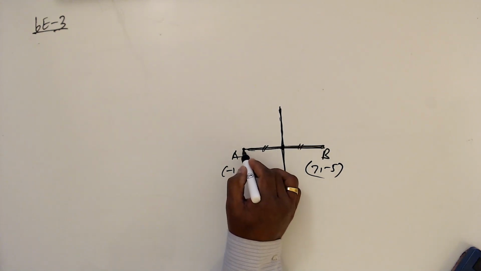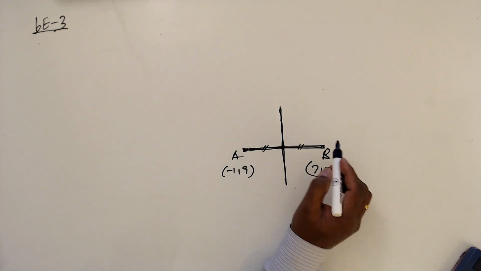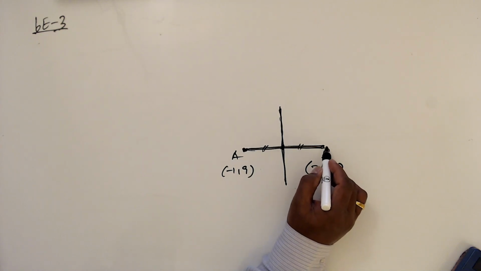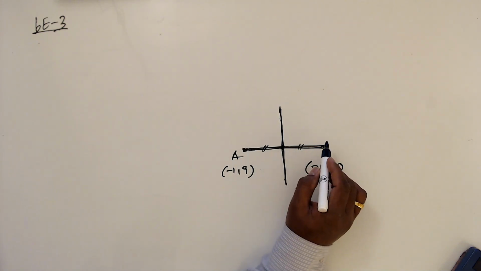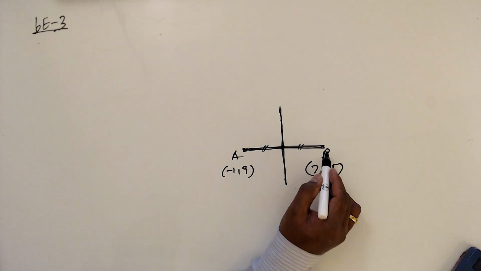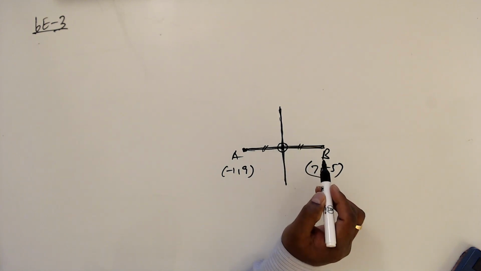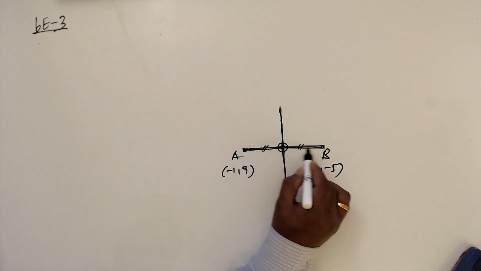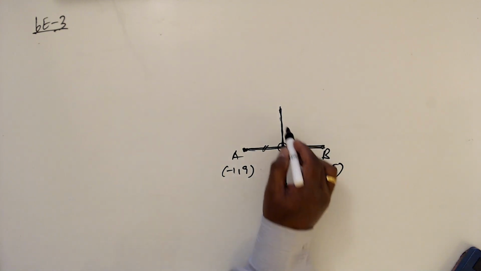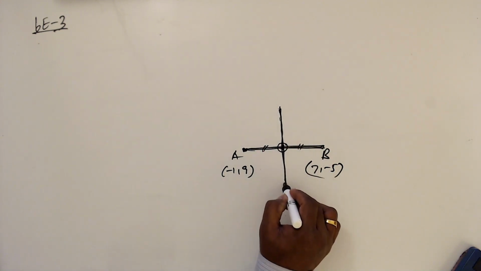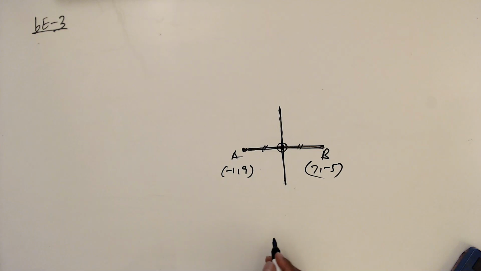We discussed this in the previous exercise. Since this is the middle, we can find the coordinates of the midpoint. Also, I can find the gradient of AB. Hence, I can find the gradient of this line and then I can write the equation.